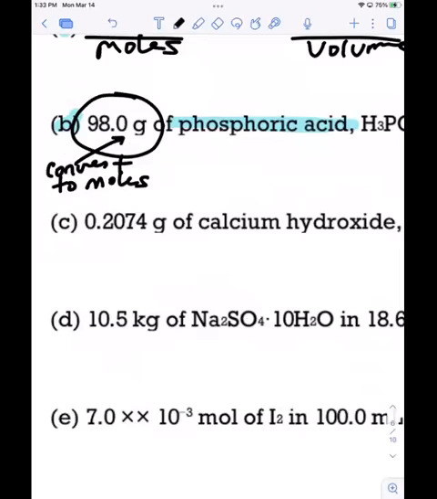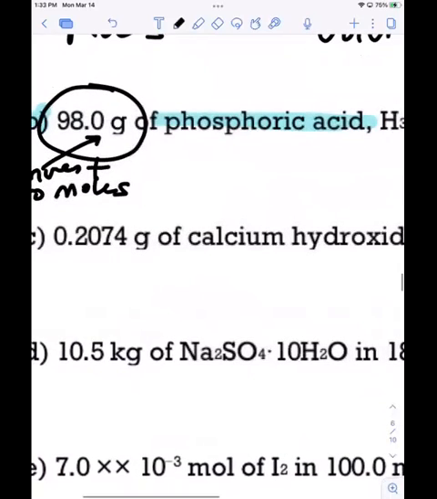So how do we get from grams to moles? You divide by the molar mass. So grams over molar mass gives the moles. That's the first thing we learned all the way back when we first started studying this chapter.